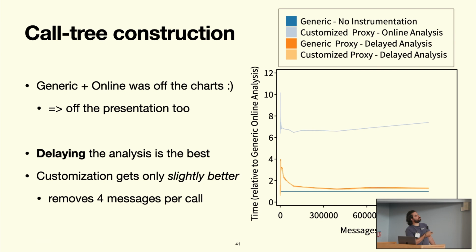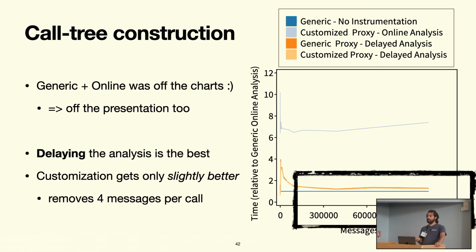Both the yellow and the orange are the delayed analysis, and they look like some 20-something% slower than the baseline, while the other one is around 6 times. So 6 times 400, it's 2400 slower. This one is the one that I don't like, which is the online analysis. So delaying the analysis can get us better results.